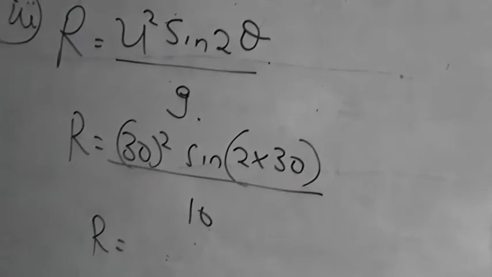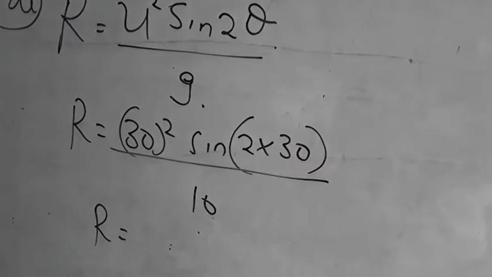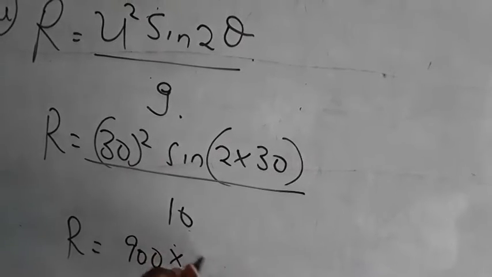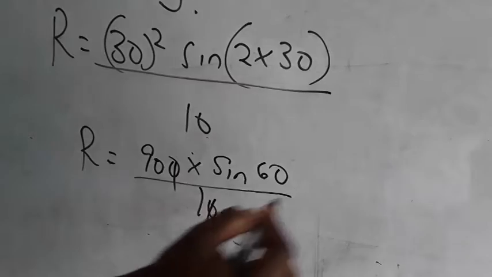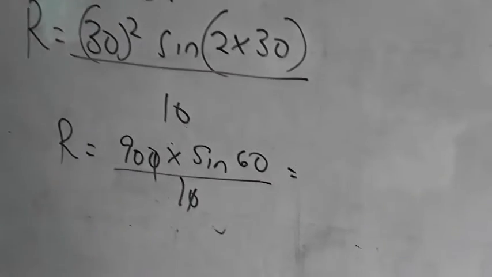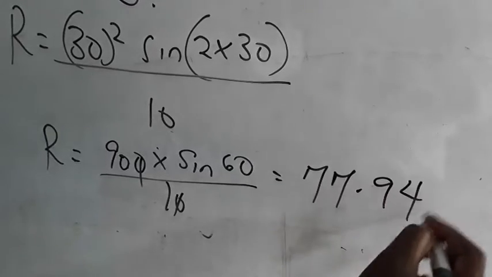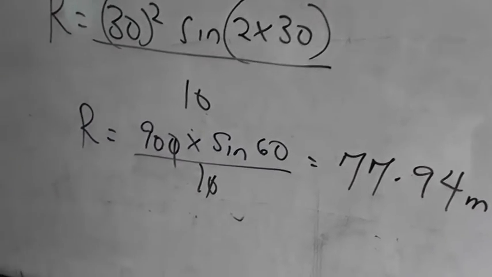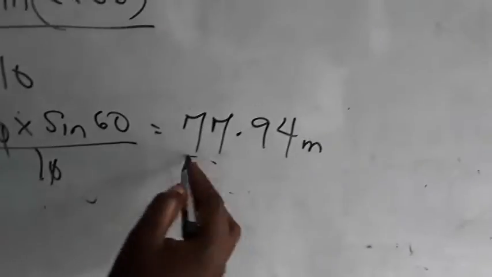I want you to take your time to solve this using your calculator. When you solve it, you have 900 multiplied by sine 60 over 10. Then when you cut and solve, you arrive at 77.94 meters. Range is also like distance or displacement, so please note that. That's the answer for that.